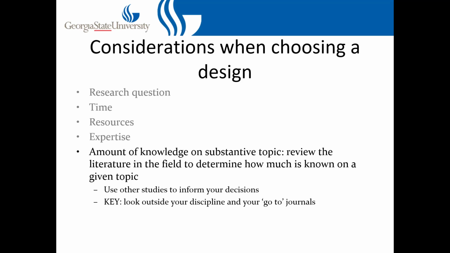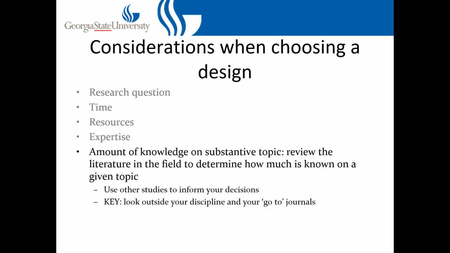So as somebody who's interested in physical disability of older adults, I often look in gerontology. And as somebody who's interested in social interaction, I often look in social psychology. And being interested in mental health, I look at the counseling and therapy literature. So make sure that you look outside of your home discipline when you're trying to choose a design.